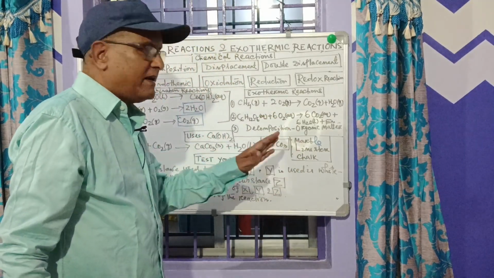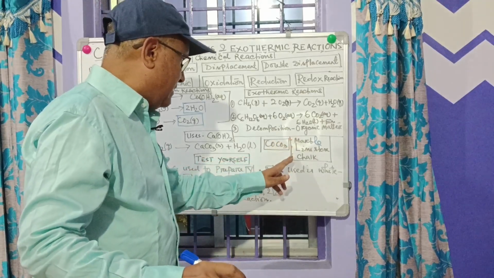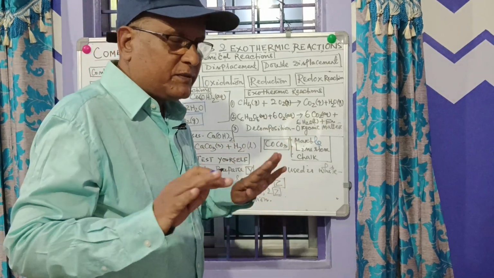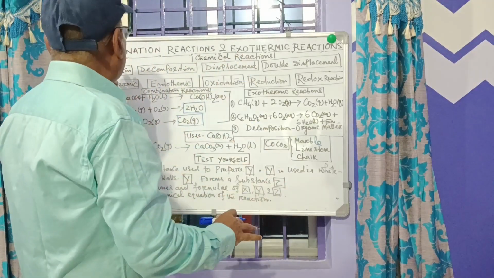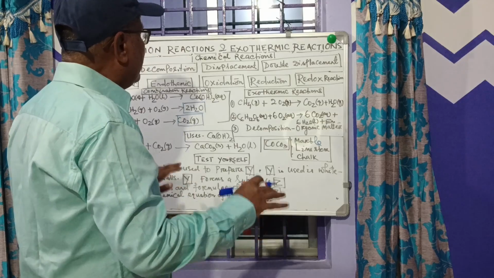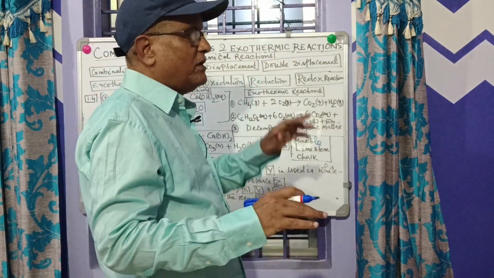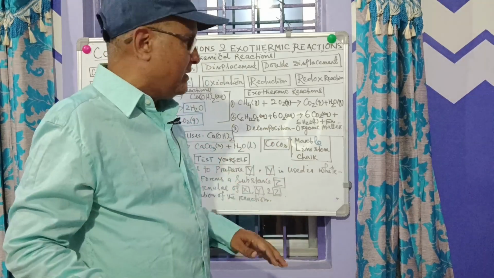So three names are there. Never be confused. These names are also given in your textbook. Please go through the textbook. Hope your concept is clear about combination reaction. Why the reaction is called combination reaction and what is exothermic reaction? The reactions in which heat is evolved or produced.